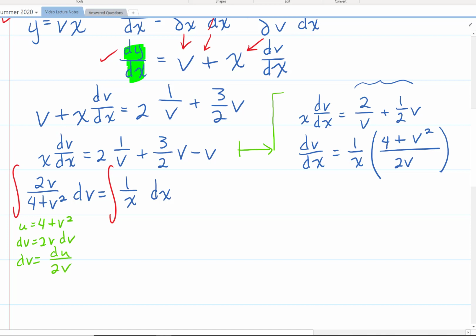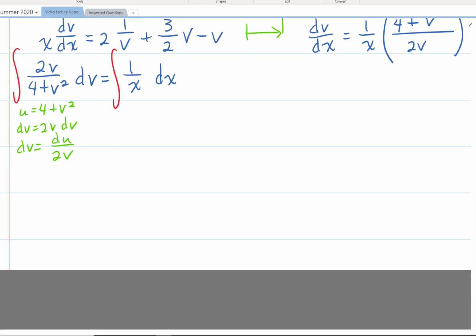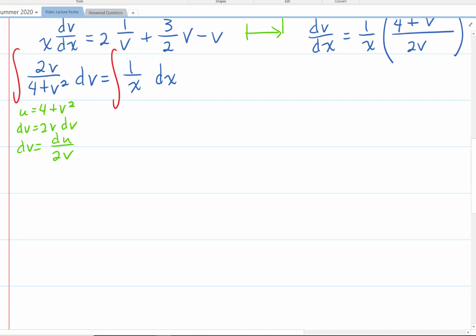So when we make our substitution, we end up with the integral of 2v over u, and then dv is du over 2v, and things are looking good. Those are gone. And that will equal, we can integrate the right-hand side. That's just going to be the natural log of the absolute value of x plus c for now, but we'll talk about that in a second.